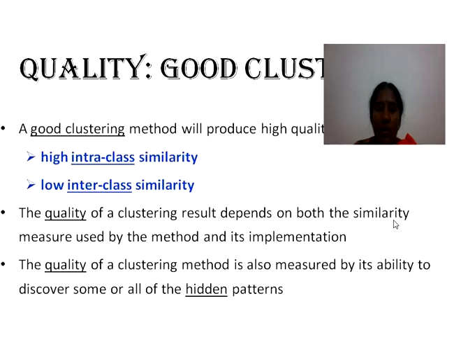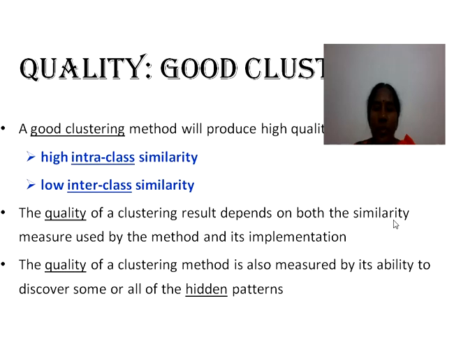Next, we are going to find how to determine the quality of the clusters. A good clustering method will produce high quality clusters with two values: high intra-class similarity and low inter-class similarity.